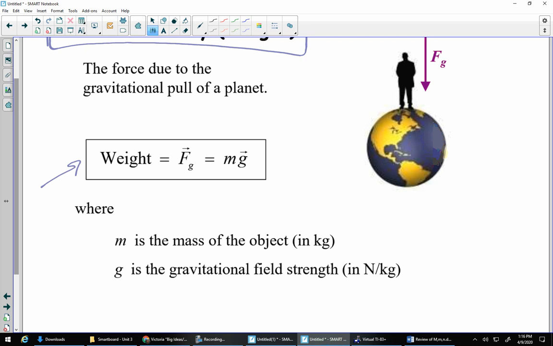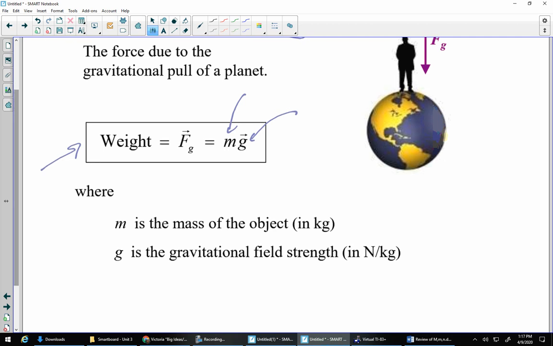Now you may remember this formula, putting it all together. Weight is equal to force of gravity. If I were looking to calculate my force of gravity, it is my mass times the acceleration due to gravity on the surface of the Earth. Now, there's something a little funky going on here. We are now calling it the gravitational field strength, measured in newtons per kilogram.